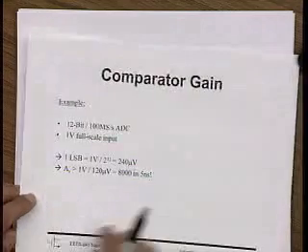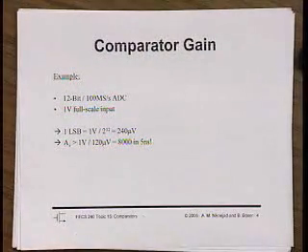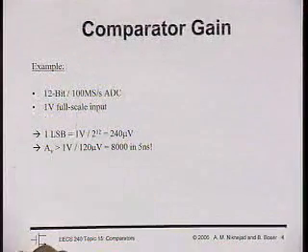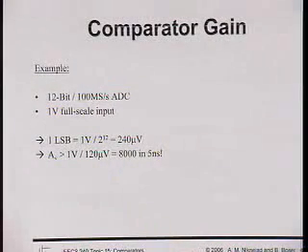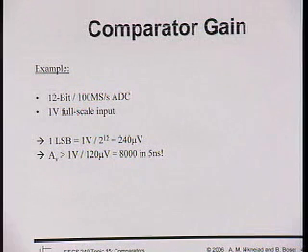Okay, so this is kind of the background to the problem. Here's an example of a comparator that you want to design. Let's say someone wants to design a 12-bit ADC running at 100 megasamples per second, and you have a 1 volt full-scale input.